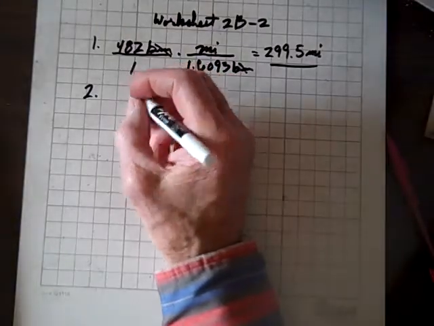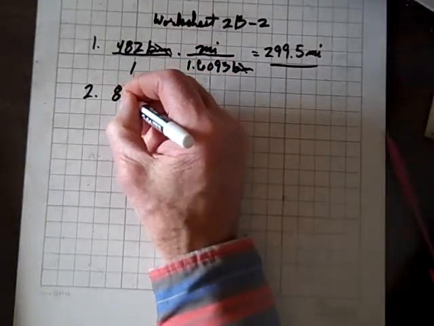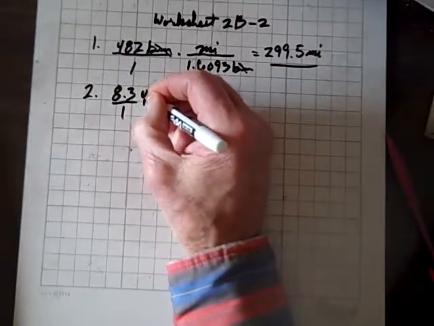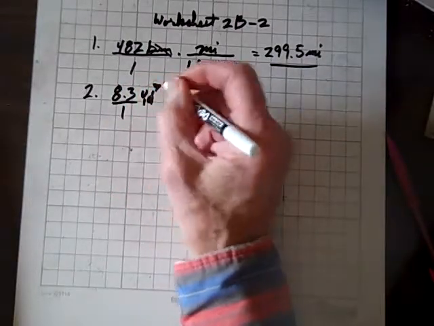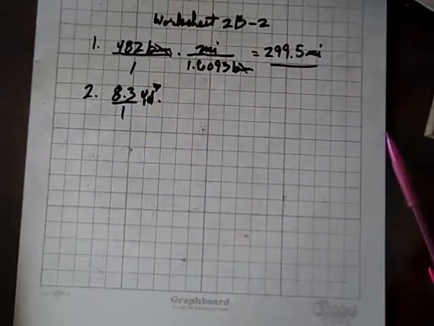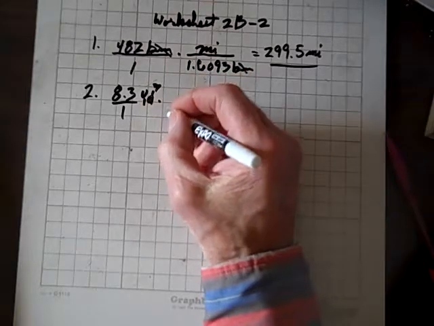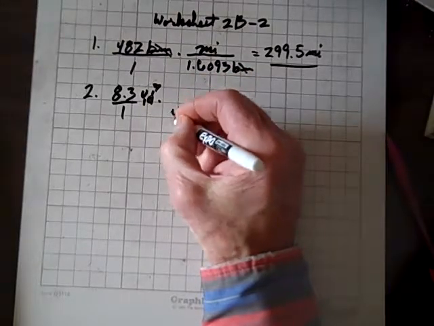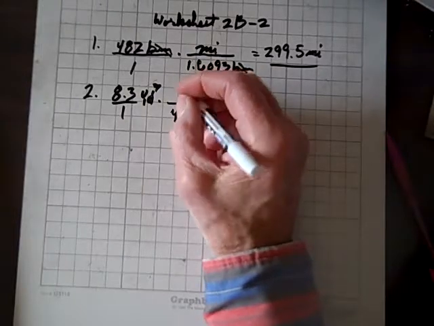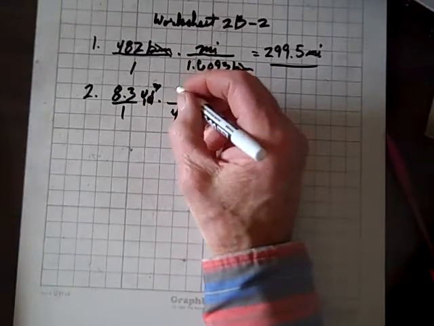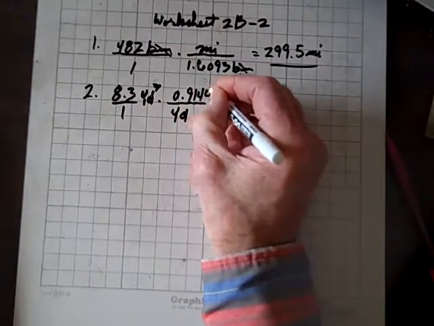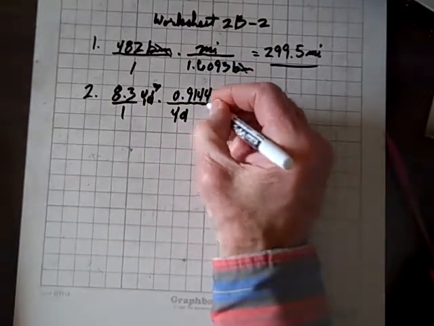We have 8.3 over 1 yards cubed. And we have to convert that to cubic meters. So let's see, 1 yard corresponds to, the unit multiplier is 0.9144 meters.